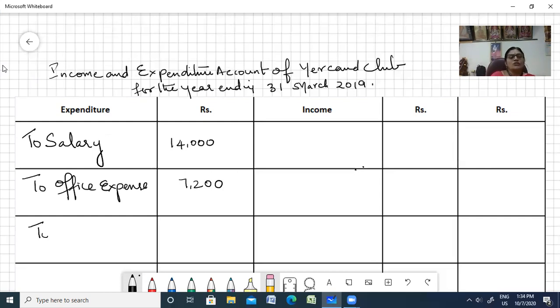Next you have your stationery. What is the opening stock? Opening stock was 1,800.